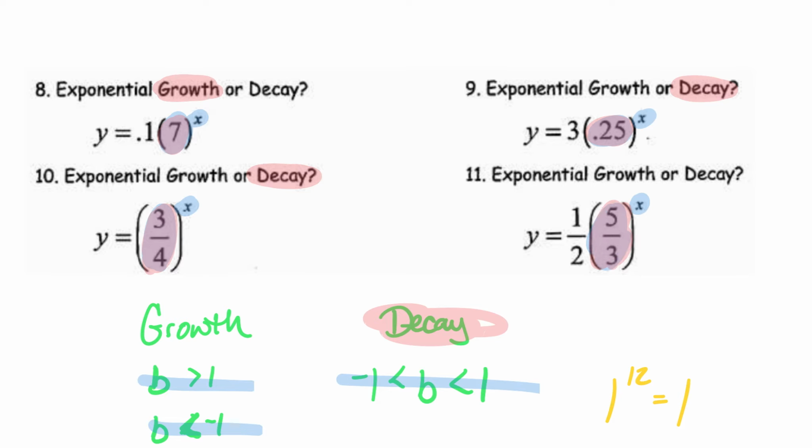But it is a fraction that has a higher numerator than denominator. So technically, this is 1 2/3. This is a value that is greater than 1. Therefore, it is exponential growth. And we don't even care about the 1/2 in front. It has nothing to do with growth or decay. It just has to do with where we are going to start.